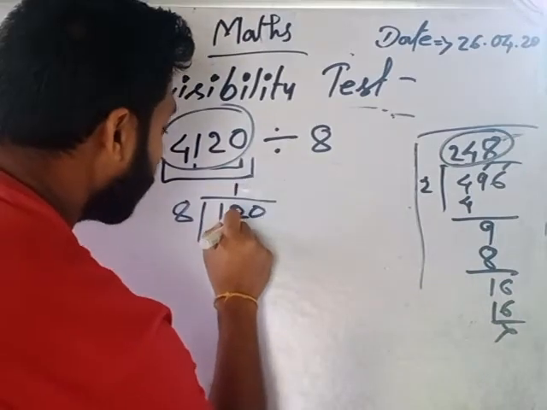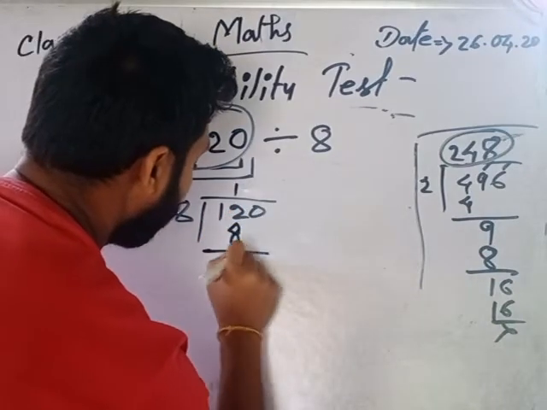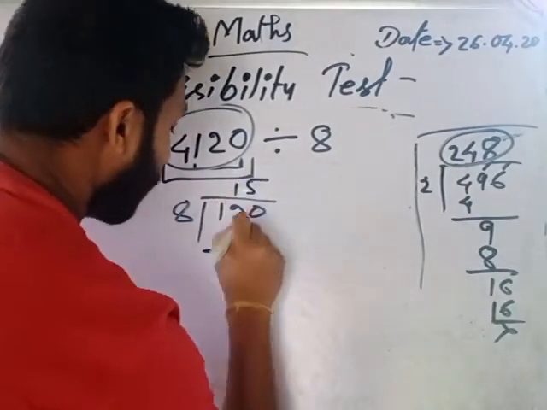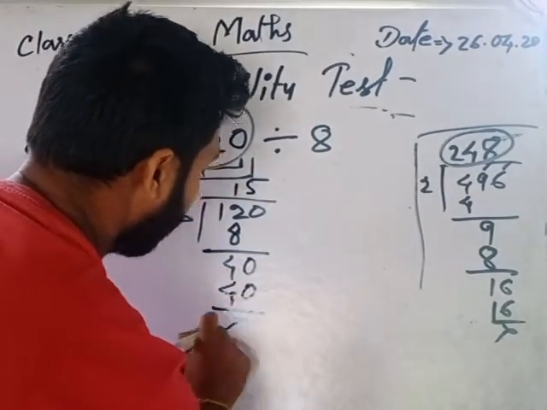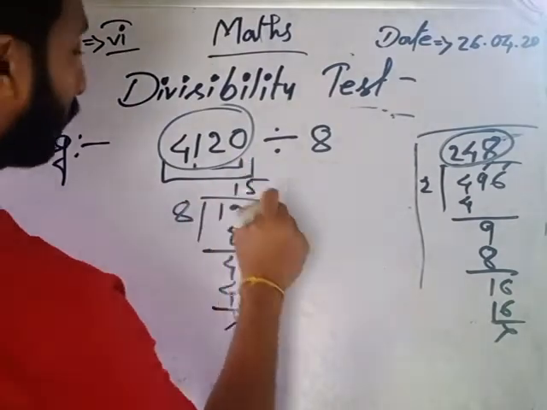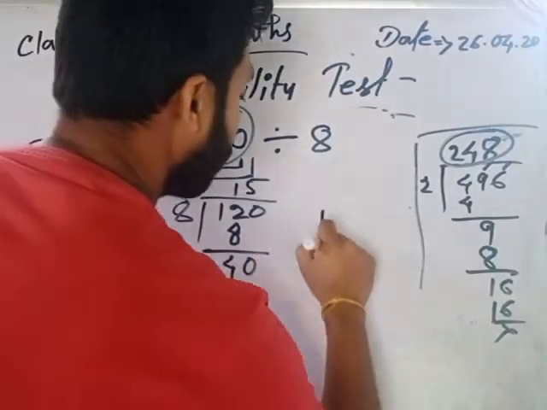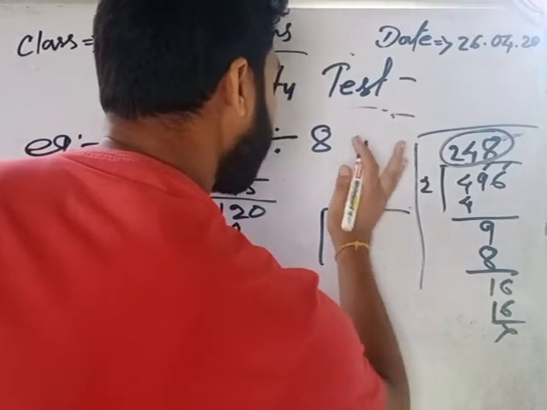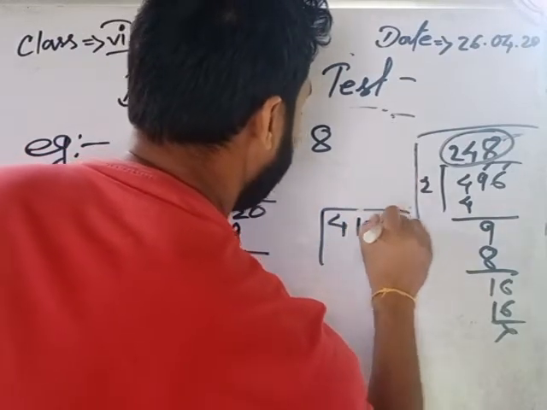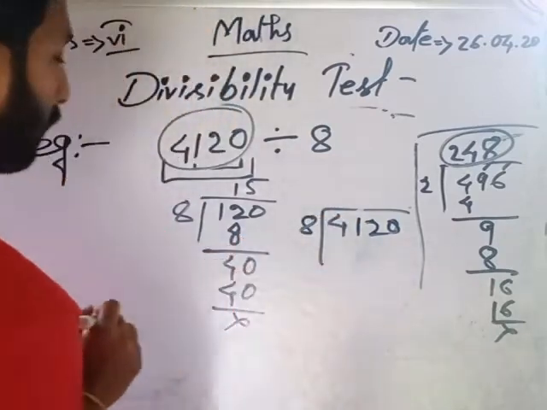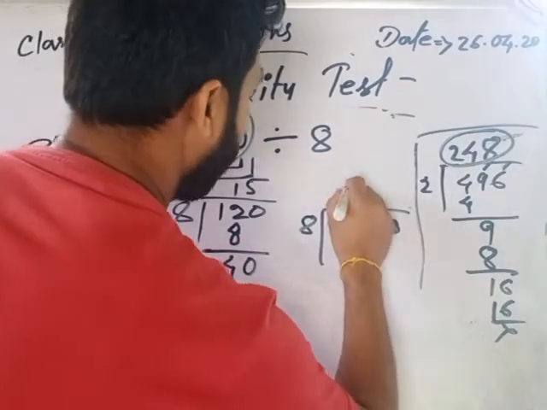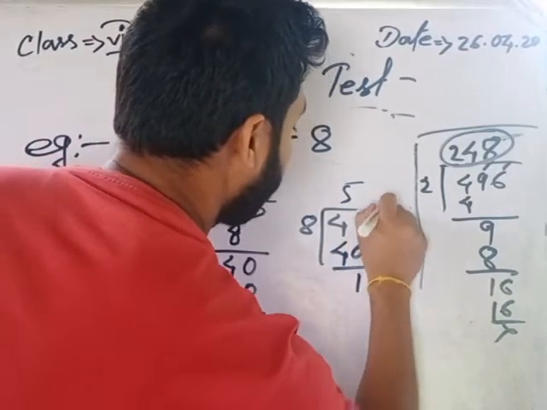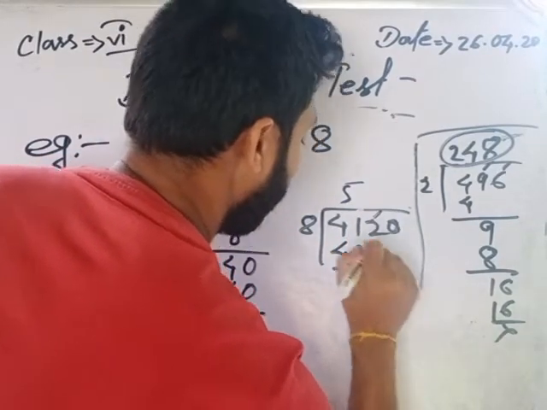8 1s are 8, 4 left, 0 is here, 5 8s are 40. Okay, let's prove it. 5 8s are 40, 1 left, and there is 2.